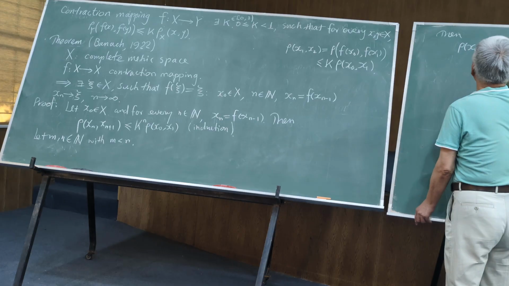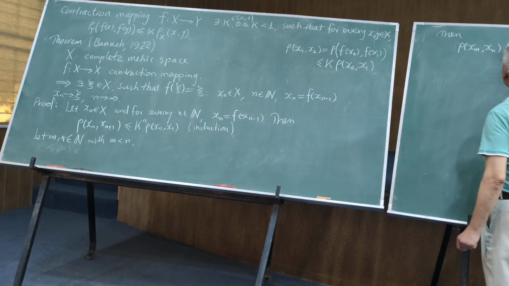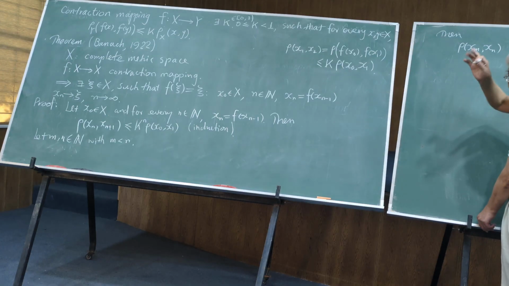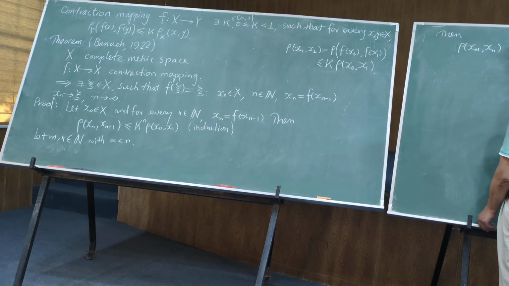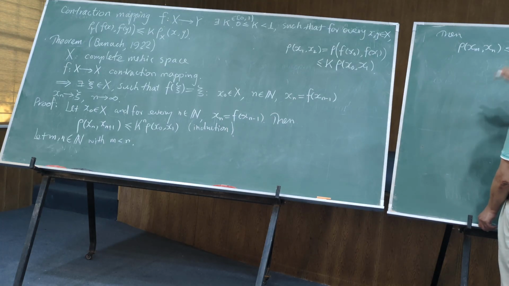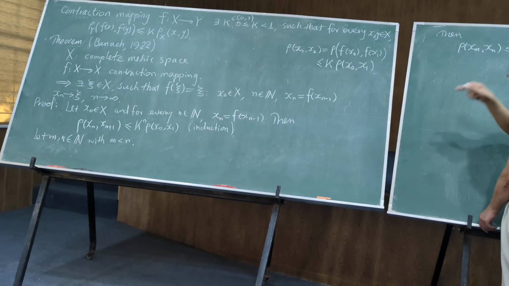I'm sure you have done all this in your courses. What would this be? Yes, now we're using the triangle inequality. Thank you, I think you are taking this as your own subject. That's good. So we start from m. m is supposed to be smaller than n. So m plus 1, m plus 2, and all the way down to n minus 1, n.